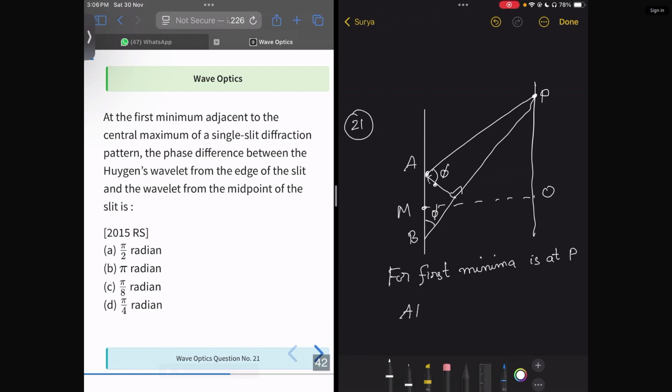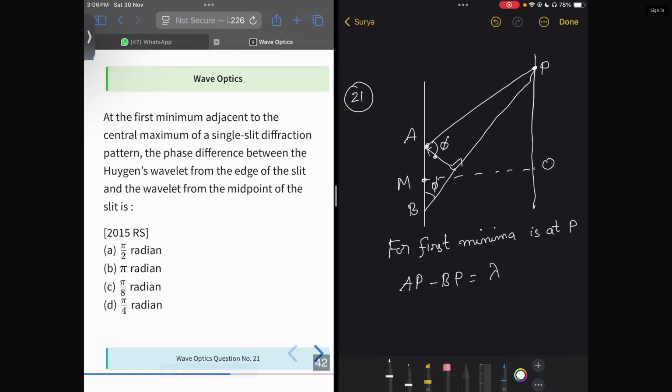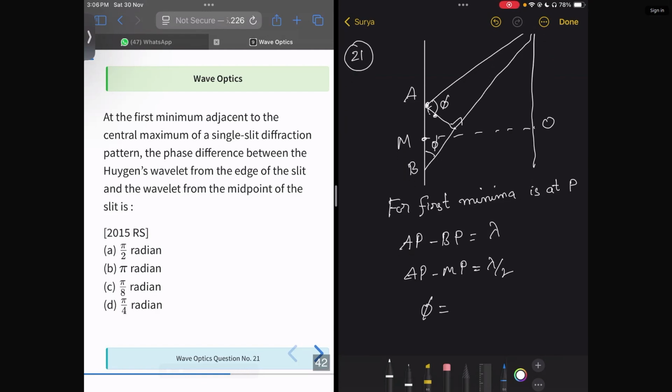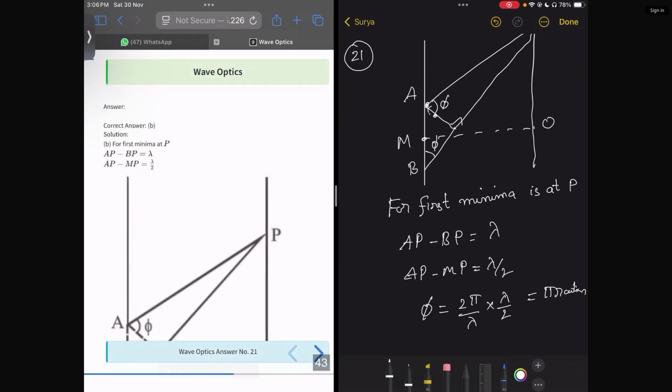So AP minus BP is equal to lambda, so AP minus MP will be lambda by 2. So the phase difference phi is equal to 2 pi by lambda into lambda by 2. So it will be pi radian. So option B is the right answer.